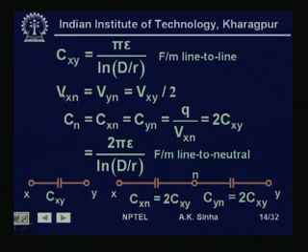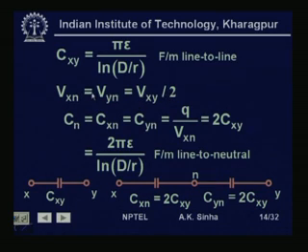Therefore, we can find the voltage to the neutral as Vxn is equal to Vyn is equal to Vxy divided by 2. This will be half the voltage, because the voltage of one conductor is positive and the other conductor is negative, so the 0 potential line will be in between at the half.